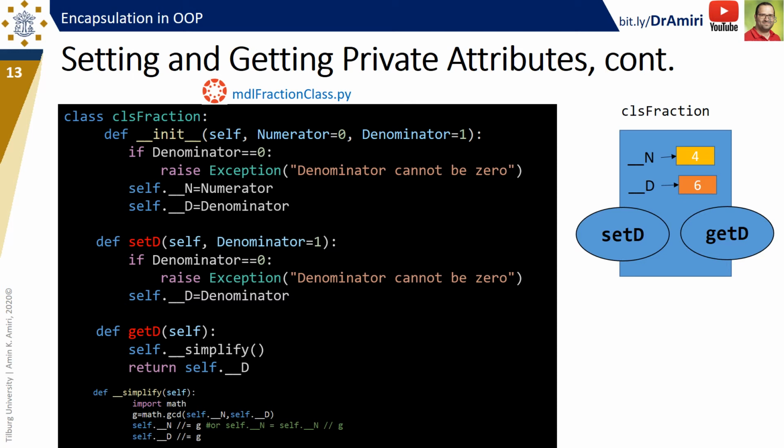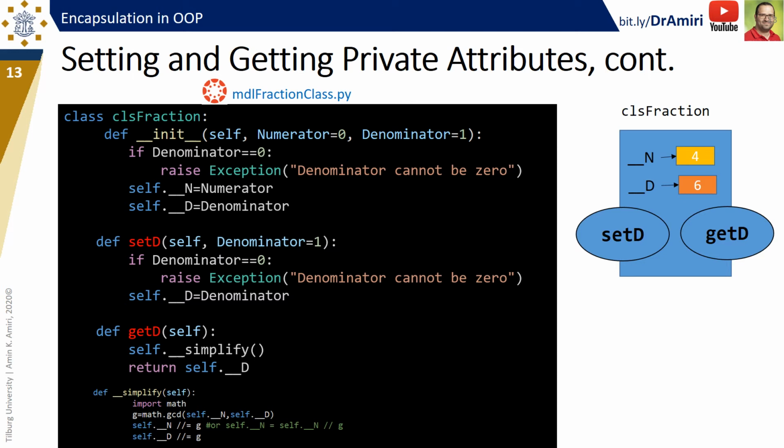If you don't remember how we did that, please watch the previous videos. And then I'm going to call this private method inside the getter function, simplify the fraction, changing private n and private d, and then return self dot private d.